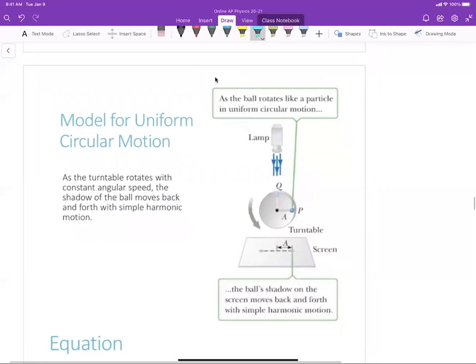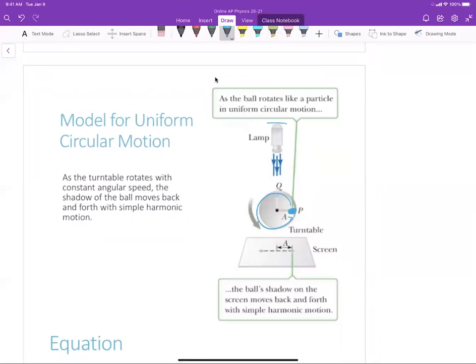So, uniform circular motion. I want you to imagine this disc is turning in a circle at a constant speed. If you can visualize that it has a ball on the edge of this disc, and that is rotating in a circle at a constant angular speed.